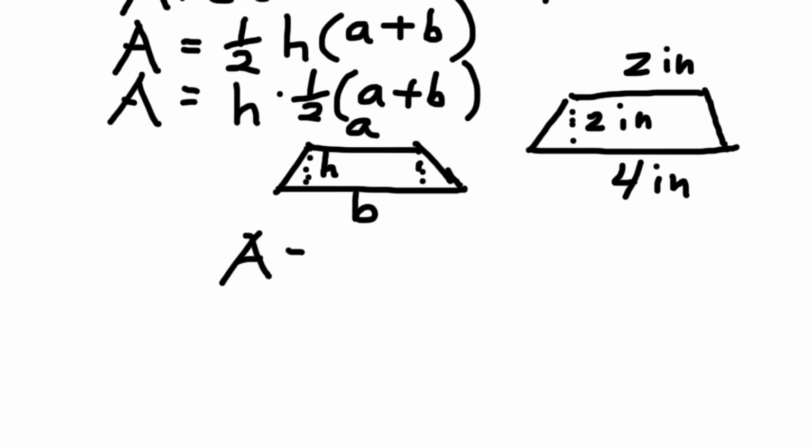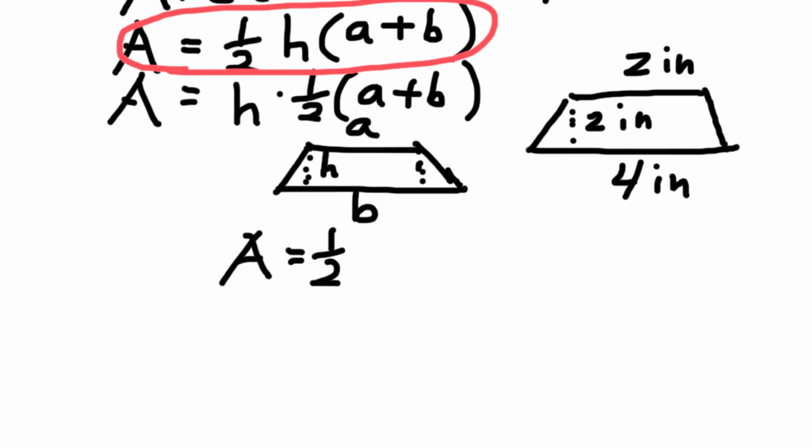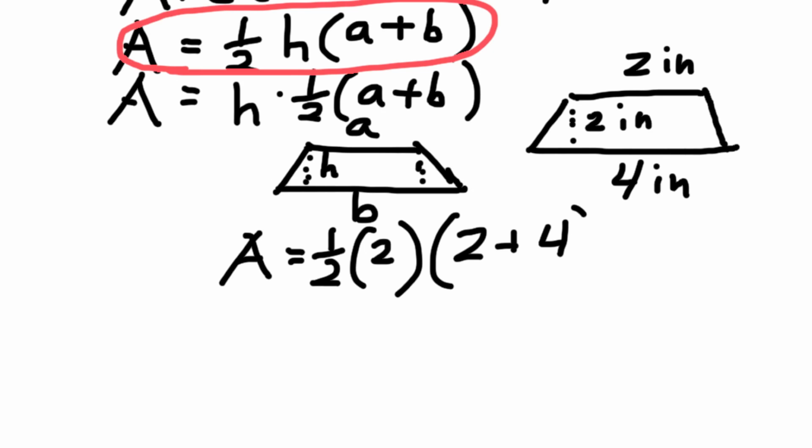So then we have A equals, and we'll stick in something for the h. Let's use this top one. We'll go 1/2 times our h, which is 2, times a, which is 2, plus b, which is 4.